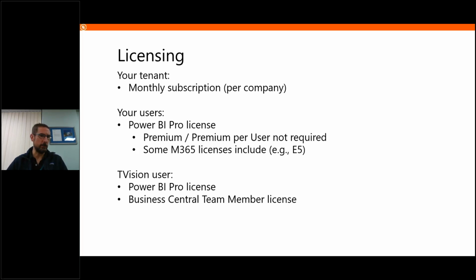So that's done on a per company basis, because each endpoint, which we'll get onto a bit later, is company specific. For users to consume this, and this is obviously outside of the core Business Central licensing, you do need to have a Power BI Pro license, and that is so your users, well, one, you need one so that you can create reports and manage them, and you also, your users who are going to consume the shared reports, they would need one as well.